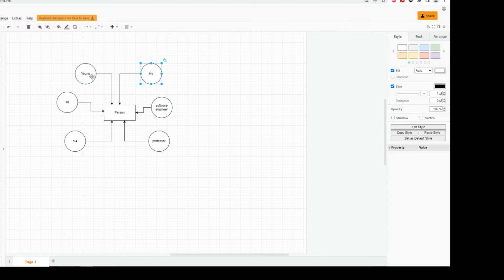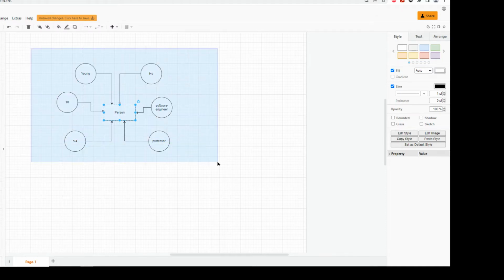But these circular or oval boxes represent attributes. Attributes are characteristics that better describe the entity that you are talking about. In this case, the entity is a person, right? So hopefully this helps out a little bit.